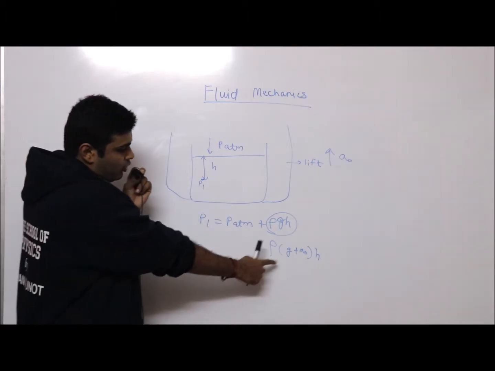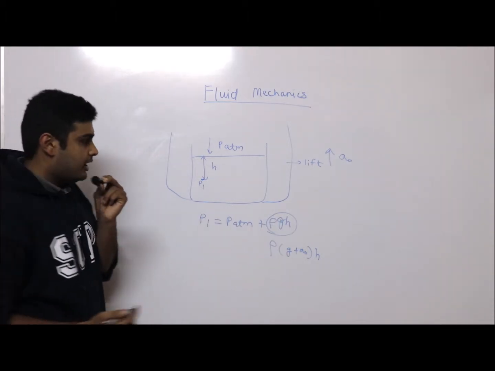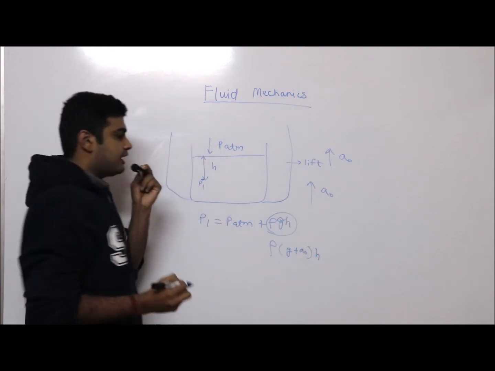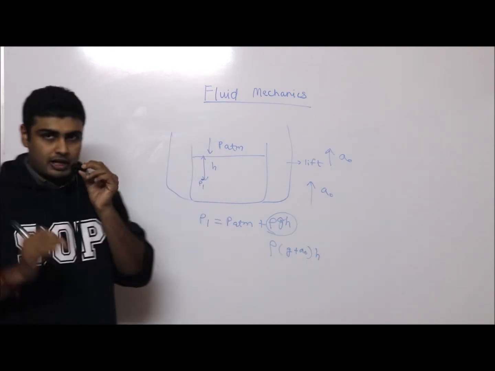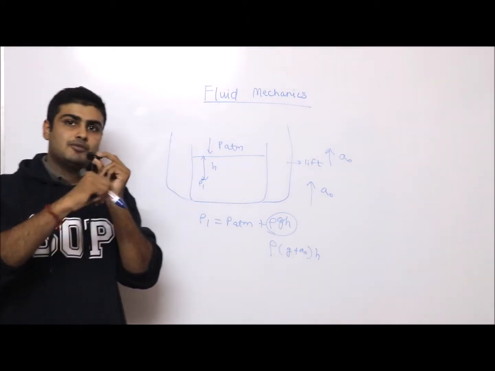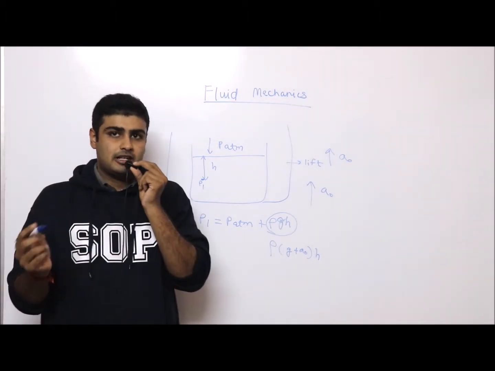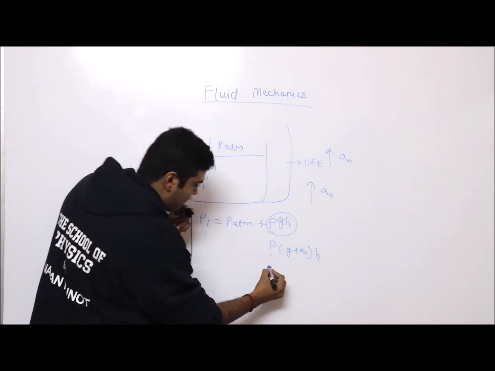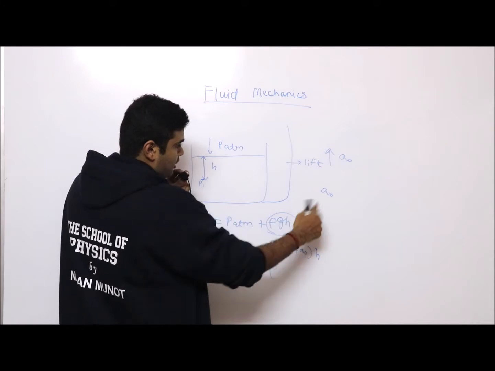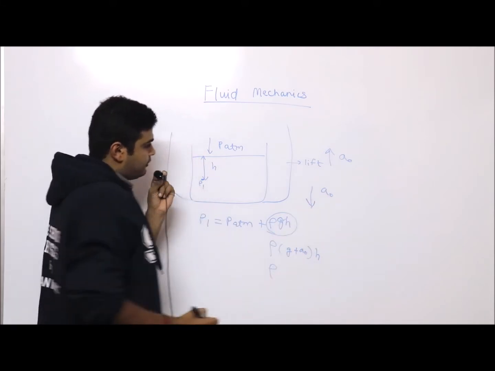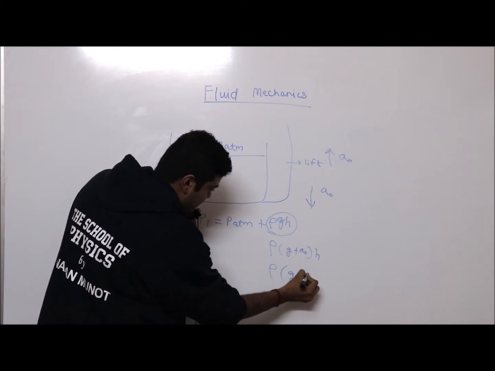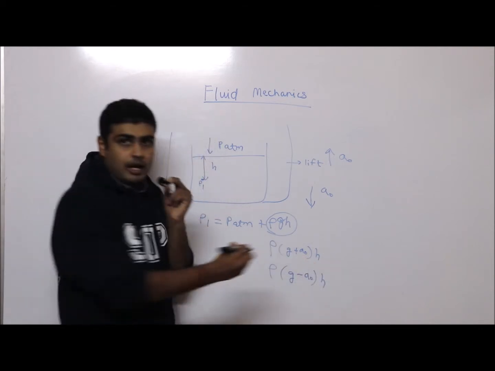If we accelerate the lift a naught downwards, the effective gravitational acceleration on the fluid will become g minus a naught, so this will become rho (g minus a naught) into h.